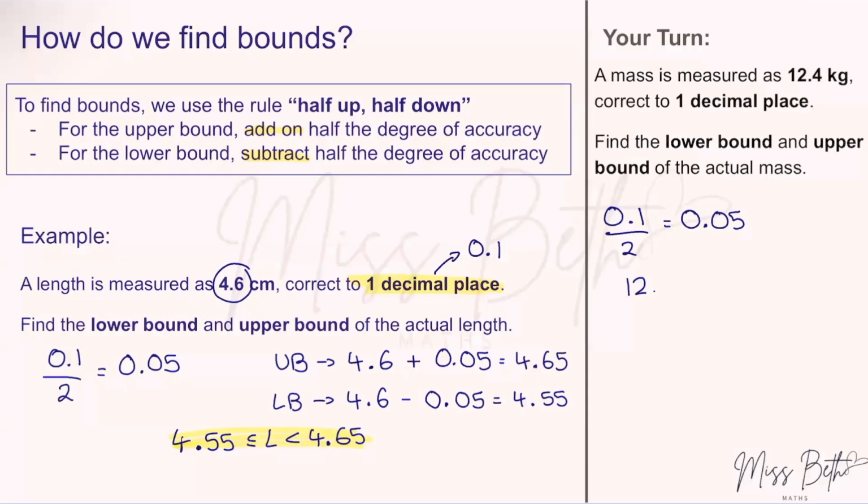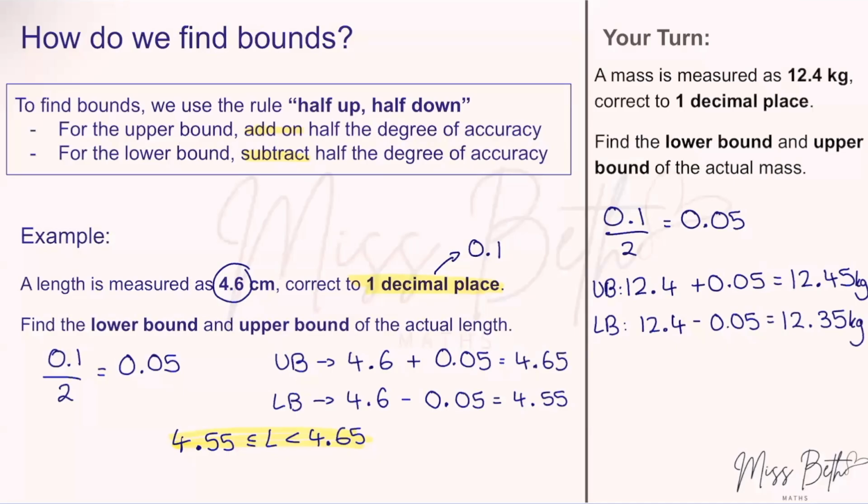So 12.4 plus 0.05, and this is for the upper bound, that would give us 12.45. And then for the lower bound, 12.4 subtract 0.05, which would give us 12.35. I should also remember kilograms.